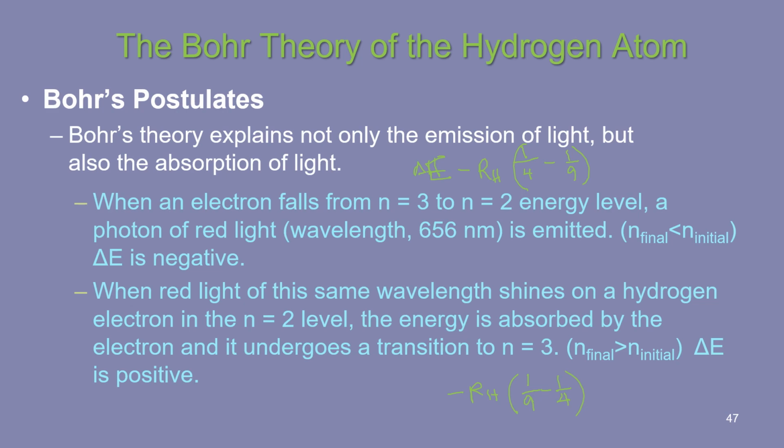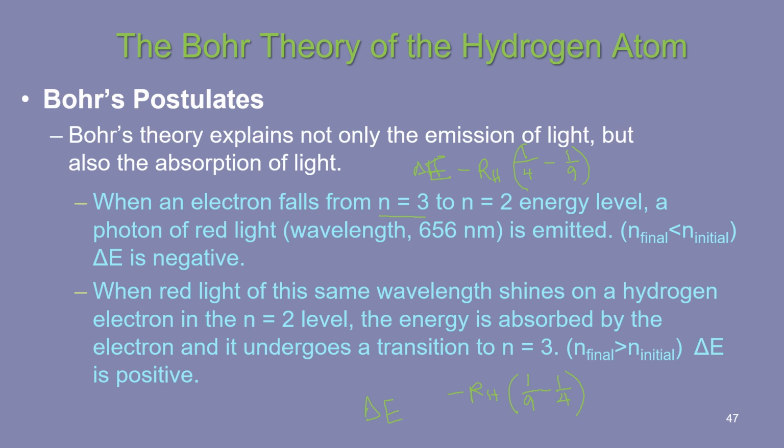So your delta E will be the exact same number, but positive, and that shows an absorption. It will be the same wavelength, the same energy and the same frequency. It will just be absorbed rather than emitted. So you just have to remember which one you're starting from. It's always final minus initial. So if it's going from 2 to 3, then this number is negative.